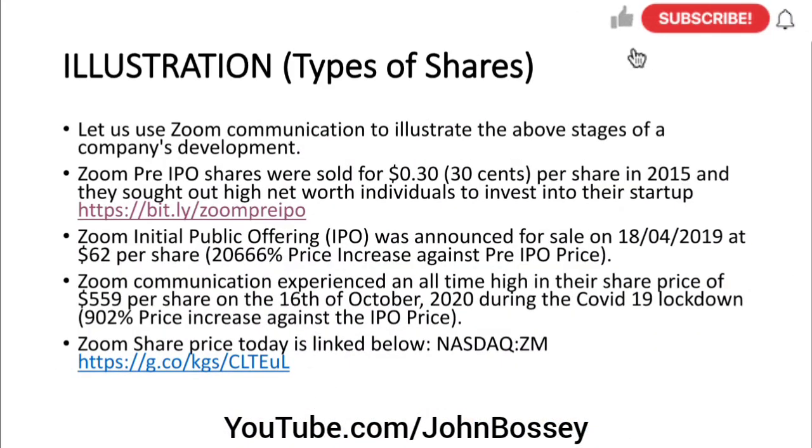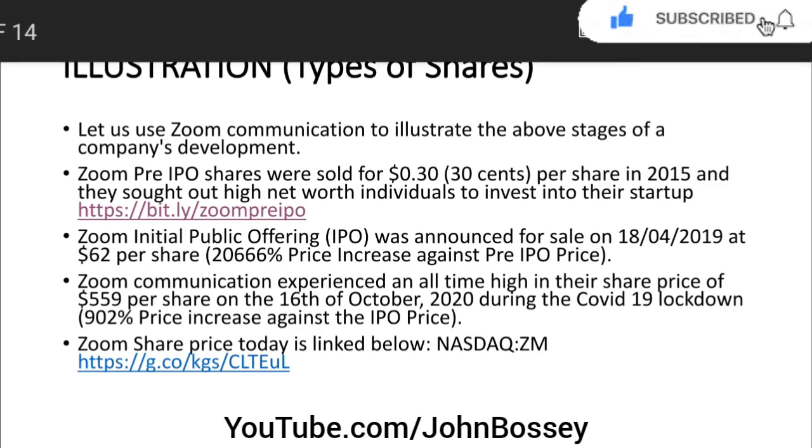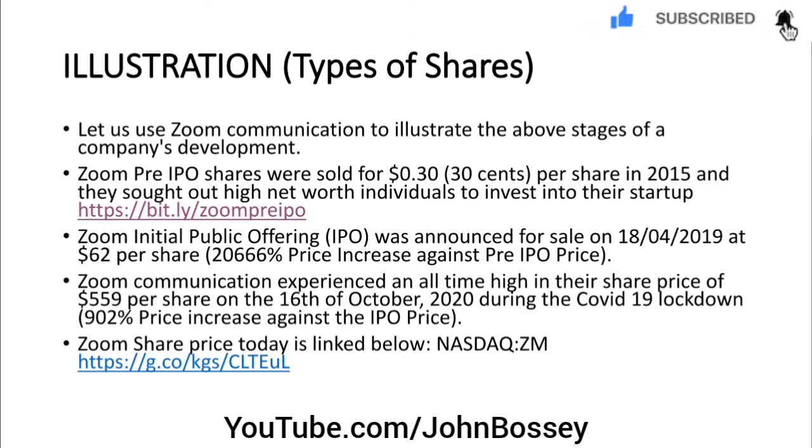So Zoom's initial public offer was announced on the 18th of April 2019 at a staggering $62 per share. Now that represents a 20,666% price increase as against their pre-IPO price.